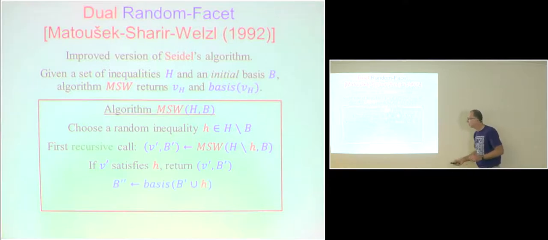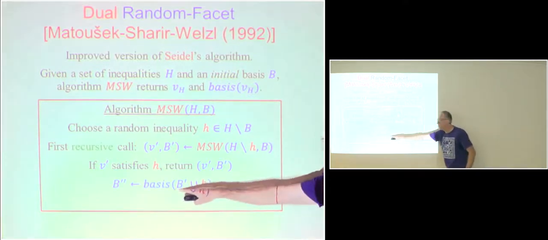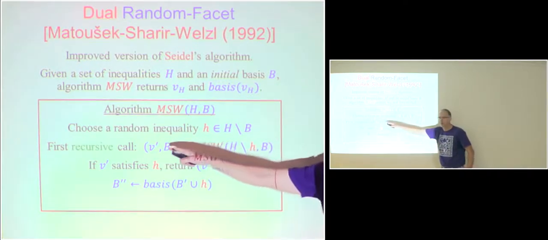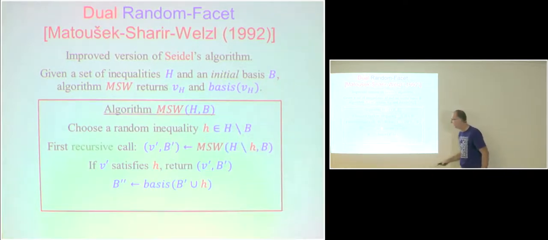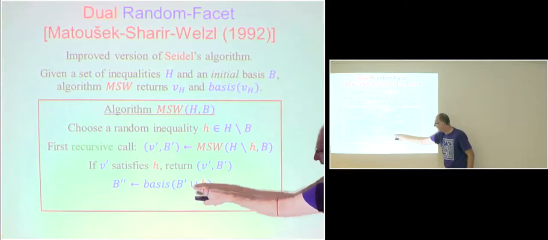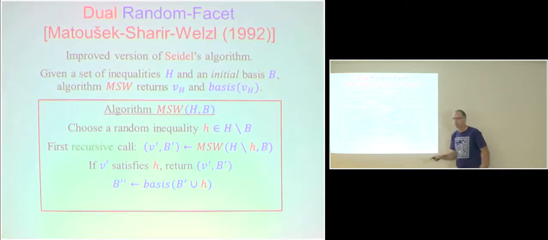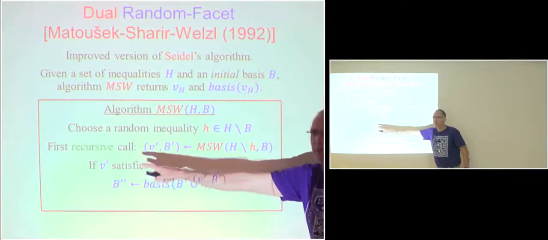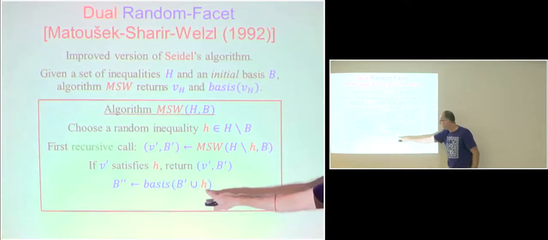More specifically, we introduce the following operation, which I have to define. So b prime is the basis returned by the first recursive call. Now, what do we know about the relation between h and b prime? b prime determines v prime, and v prime violates h.